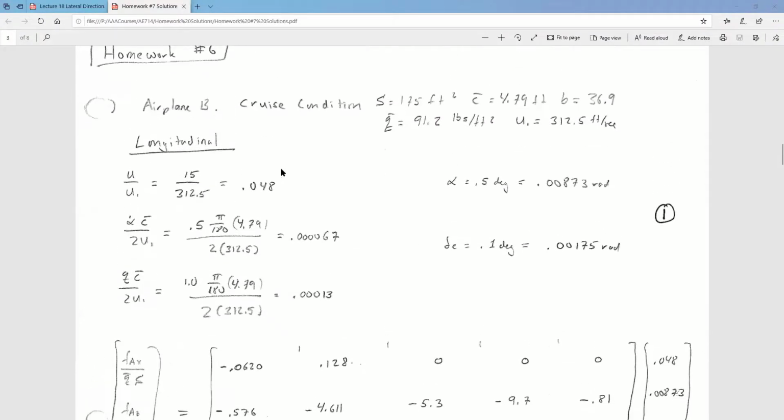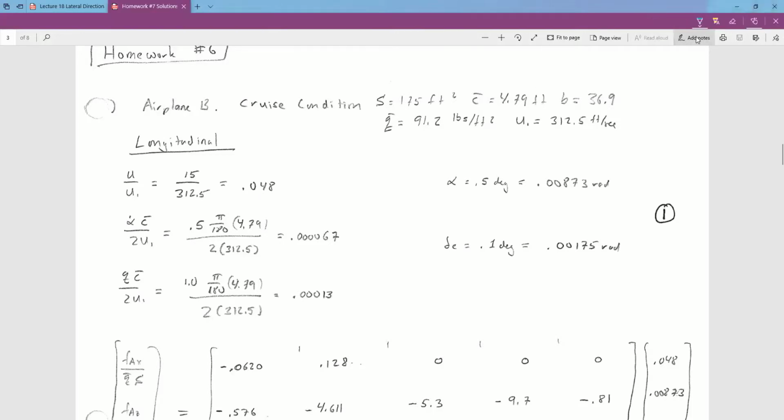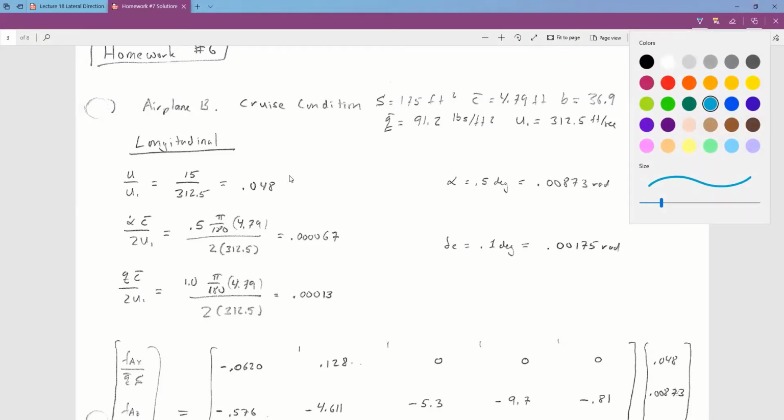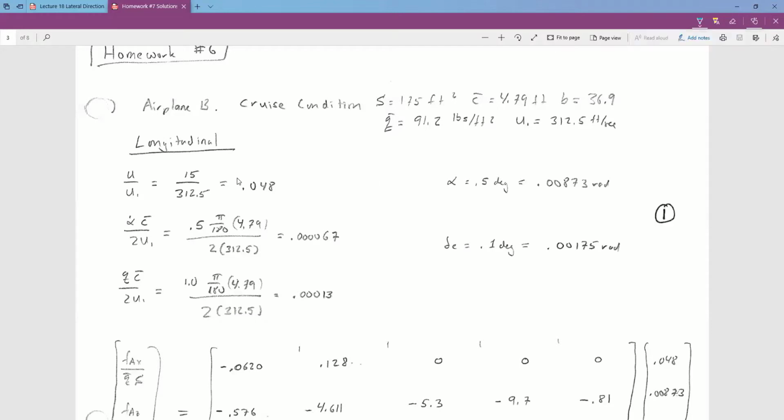So here's the cruise condition, the area, all of the data for the airplane. U over U1 should be 0.048. And then we have to do alpha dot C bar over 2U1. And this is not dynamic pressure, this is pitch rate, Q C bar over 2U1.